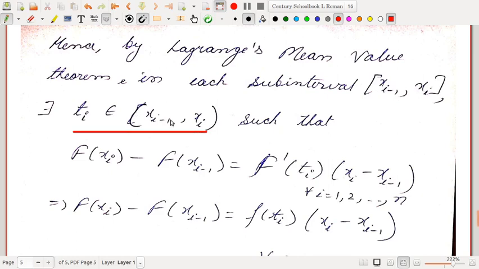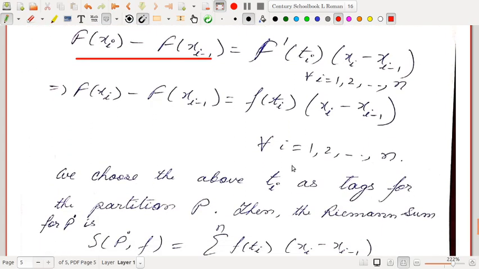Here we are considering each subinterval, so there exists a ti inside the open interval (xi minus 1, xi) such that, if you remember, f(b) minus f(a) equals (b minus a) into f dash of c. That was the theorem. So it's F of xi minus F of xi minus 1 equal to F dash of ti into (xi minus xi minus 1).